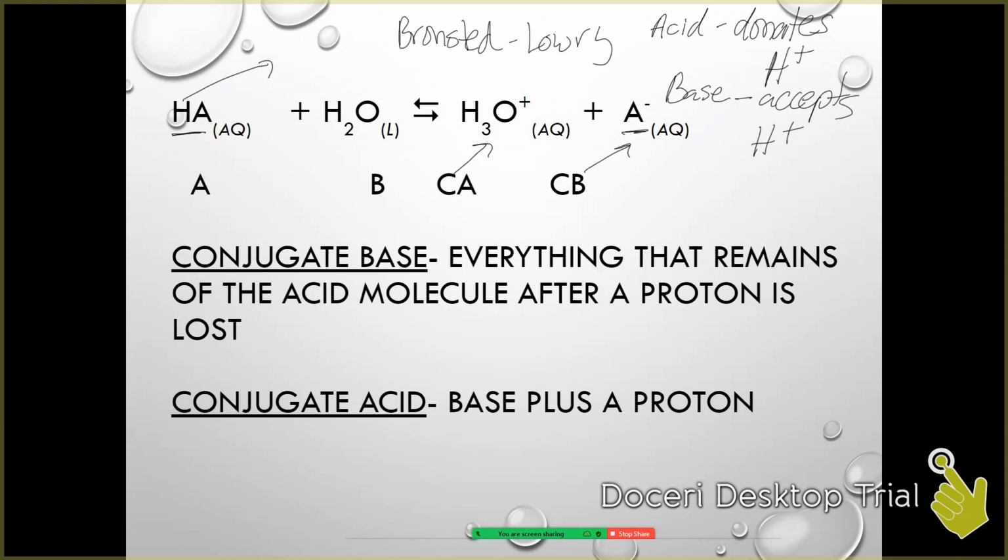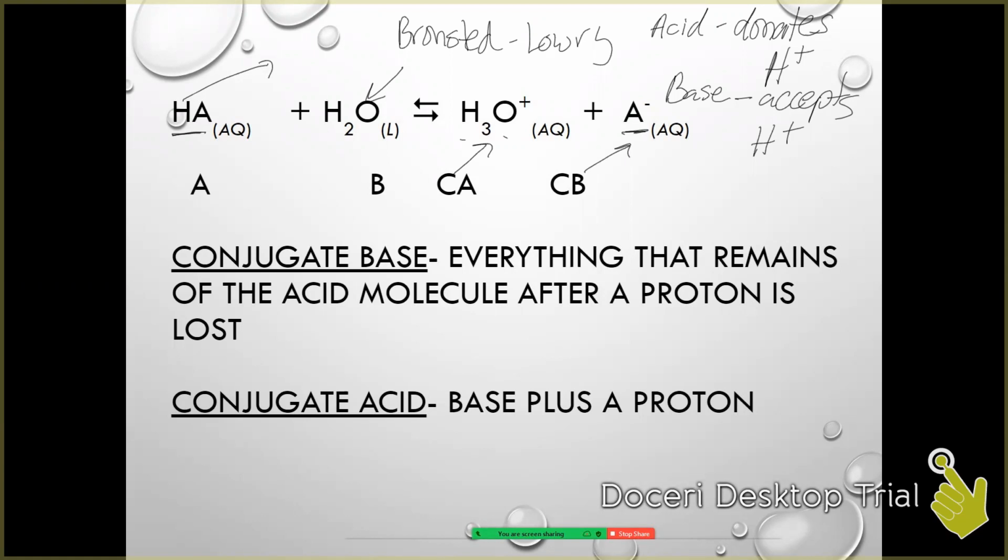So the conjugate base is everything that remains of the acid molecule after a proton is lost. And then your base would do the opposite. It goes from H2O, accepts an H+, and becomes H3O+. So acids go from being an acid to being a conjugate base. Bases go from being a base to being a conjugate acid.